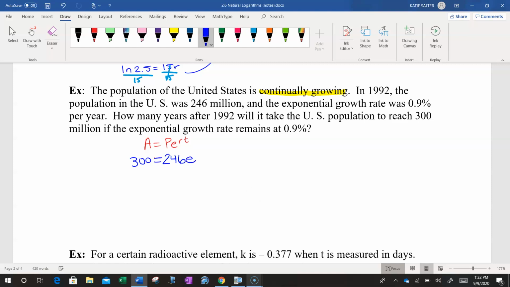And then we have e, and in this case, our rate is 0.9%, but guys, that is still given to you as a percent, so you have to change it to a decimal. I know it's a decimal, but you still have to understand that percent is out of 100 and move that decimal place 2 places to the left. So that is going to give us 0.009. And so we'll set this up raised to the 0.009t, and we're solving for t.